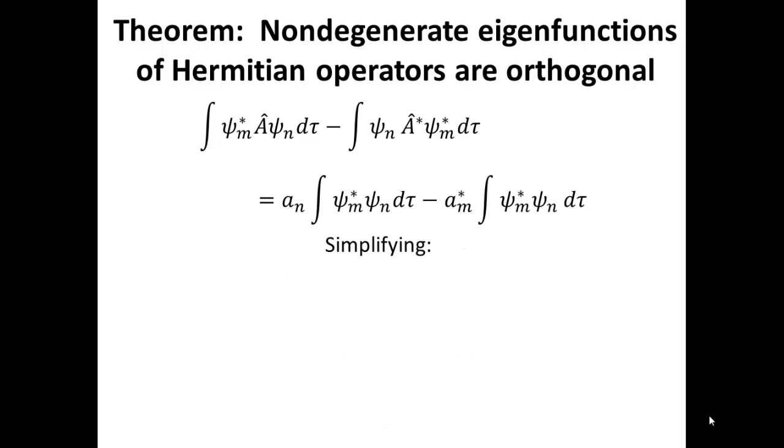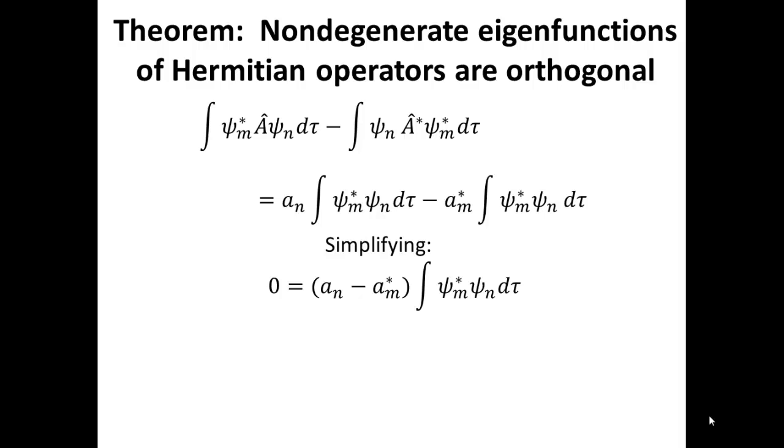What I can do is look at the left-hand side of the equation first, and I can see that it has to be equal to 0. The reason for this is the Hermitian property itself of the A operator. If you recall, the first integral that I have listed here is equal to the second integral I have listed here.